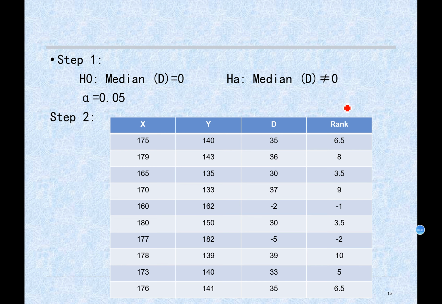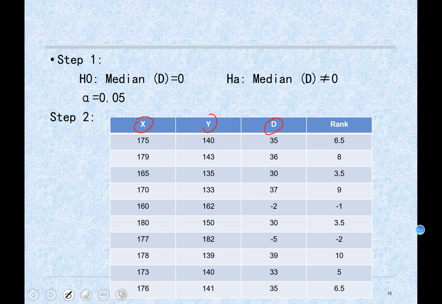We also calculate the difference of before and after. In this example, we use X to represent before and Y to represent after. So D means the difference, X minus Y. If the drug is useful, that means a difference can be found between before and after, so the differences cannot be symmetric about 0.